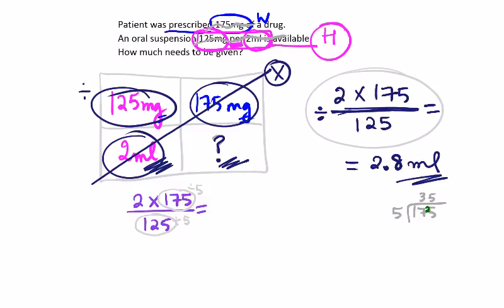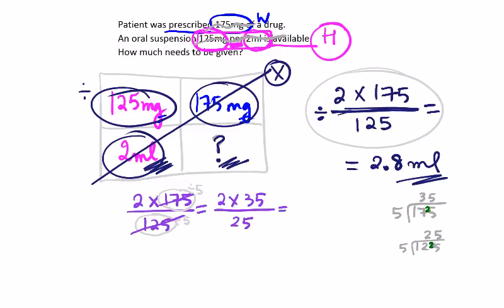So we know here the top would have been 2 times 35, and the bottom we needed to now divide 125 by 5. 5 into 1 doesn't go, but 5 into 12 goes twice. 2 5s are 10. There's 2 left. 5 into 25, 5 again. So the answer here for simplifying 125 by 5 would be 25.